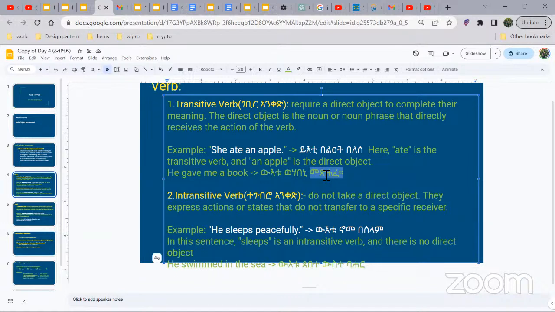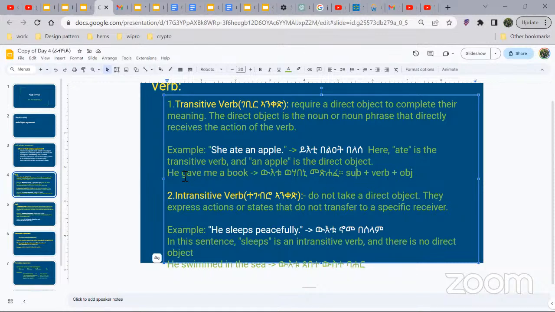Because in English the structure is always subject first, plus verb, plus object, right? In Ge'ez there is no such thing. You don't need this kind of structure in your sentence, because in English they use this structure to differentiate between the object and the subject.